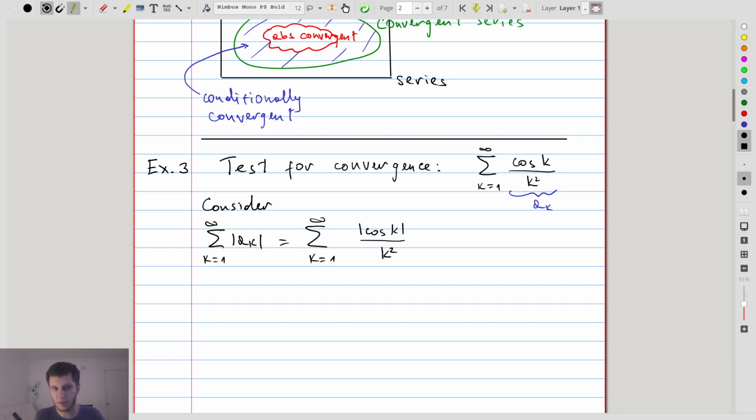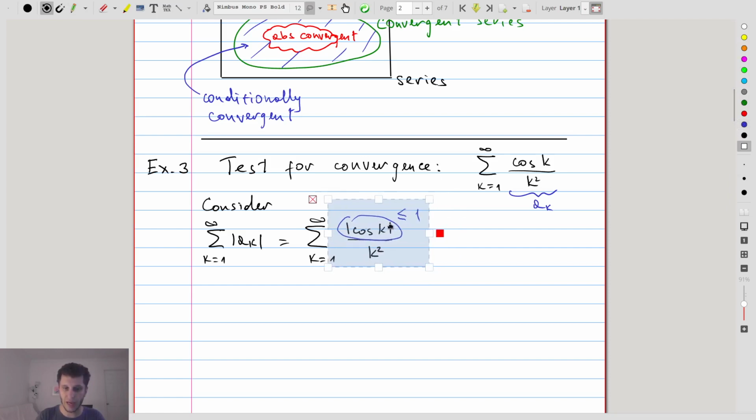Now this series has non-negative terms. In particular, we can apply all the convergence tests that we discussed previously to it. Notice that the absolute value of cosine k in the numerator is never bigger than 1. So if you look at this expression here, it's less than or equal to 1.